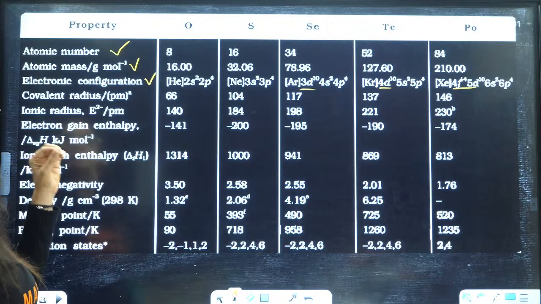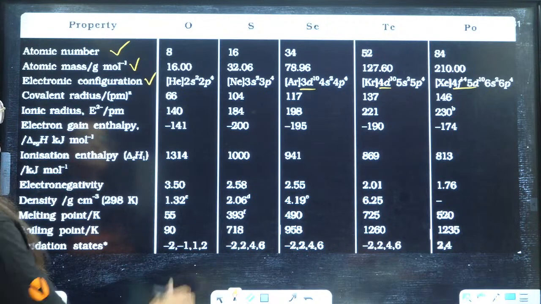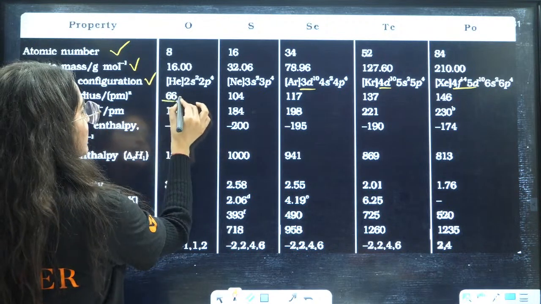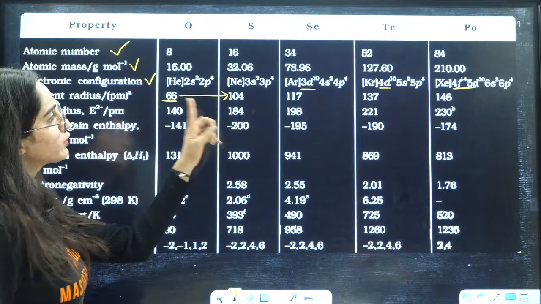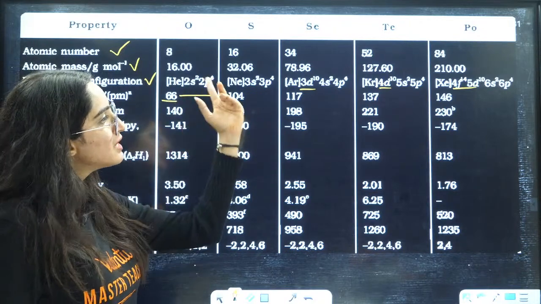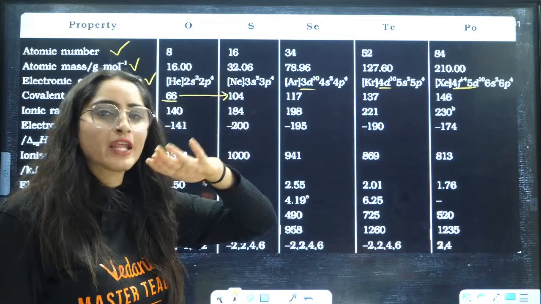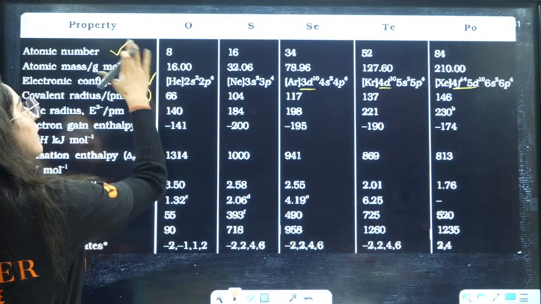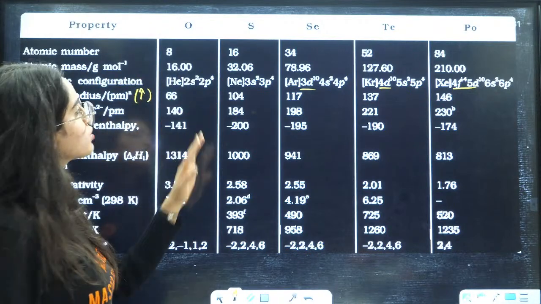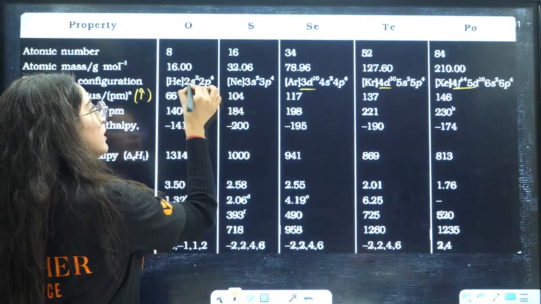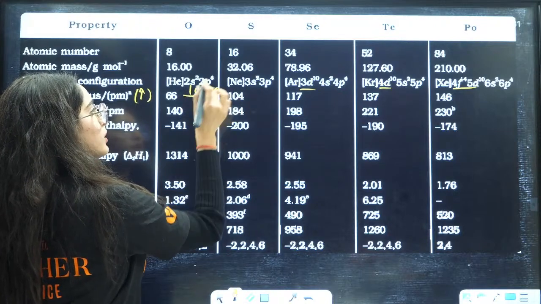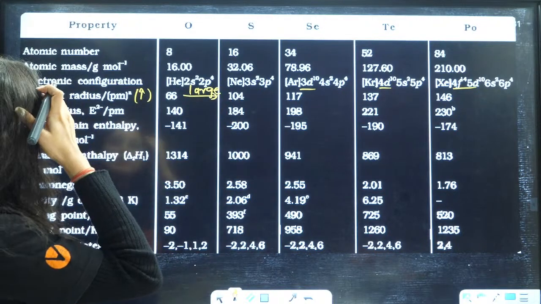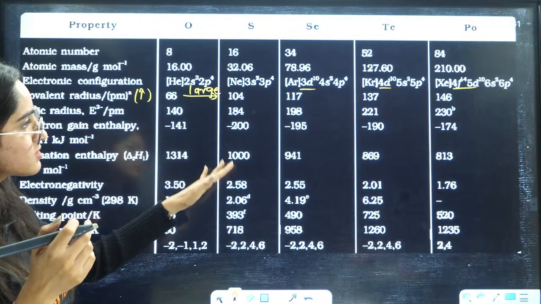If you talk about the covalent and the ionic radius, it increases at a very high rate from oxygen to sulfur, then it increases but at a much lower rate. So size is definitely increasing, but from oxygen to sulfur there is a very large gap. Ionic radius is the same thing.